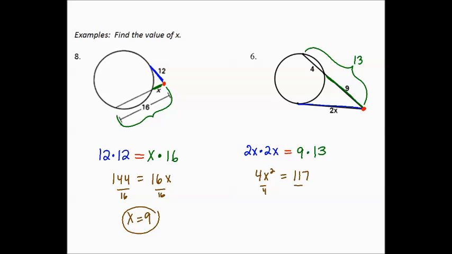Have to divide by 4 first, so x squared equals, well, that doesn't divide evenly, so I'm going to write it as 117 over 4, and then we want to take the square root. So I can write it as the square root of 117 divided by 4, or square root of 117 divided by 2, since I can't take the square root of 117, or I take the decimal and I say x is approximately 5.4. Leave your answer however is suggested by the directions.